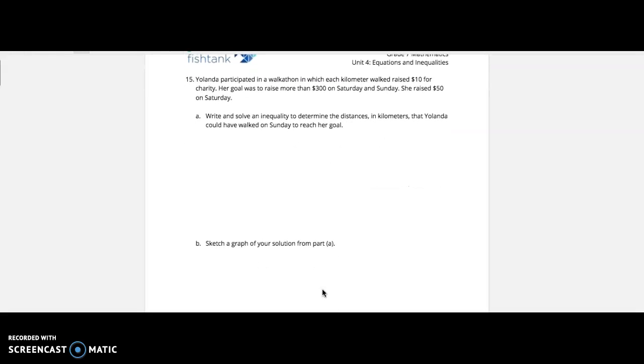All right, number 15. Yolanda participated in a walkathon in which each kilometer walked raised $10 for charity. Her goal was to raise more than $300 on Saturday and Sunday. She raised $50 on Saturday. So we can do 10M. She's already raised 50. She wants more than 300.